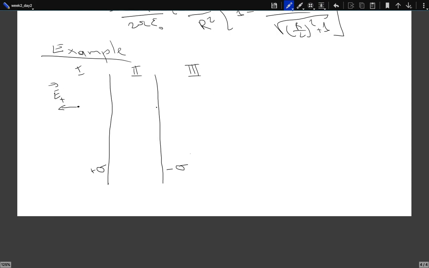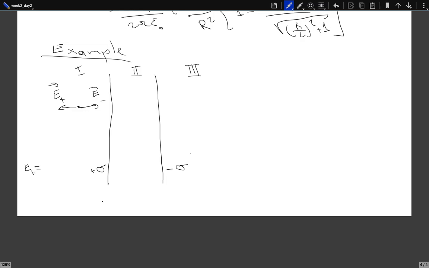What about the electric field created by the negative charges at that point? It will be towards the right. What is the magnitude of E plus? Less than E minus, equal, or greater than?